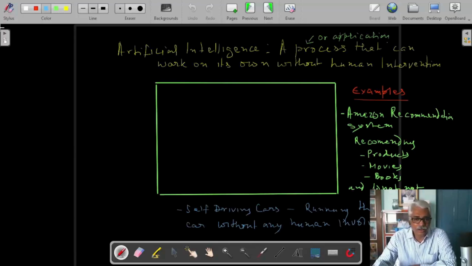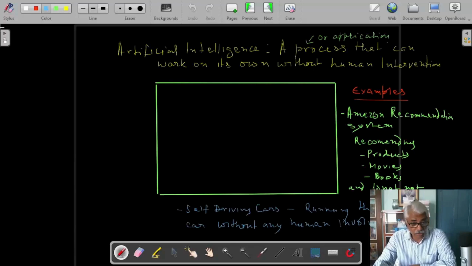It will automatically find those pathways and try to take you through them. This is the way a self-driving car works.